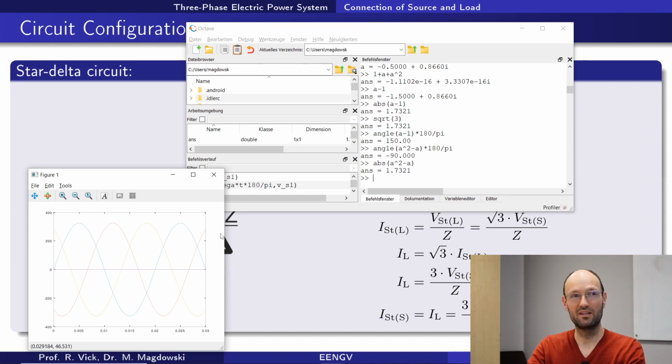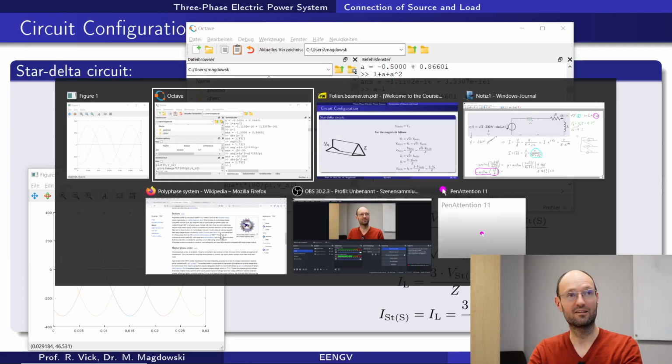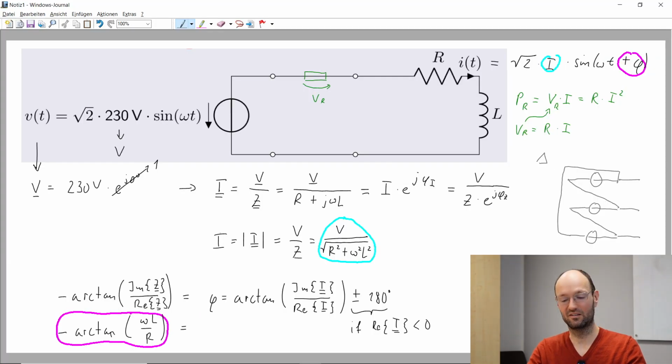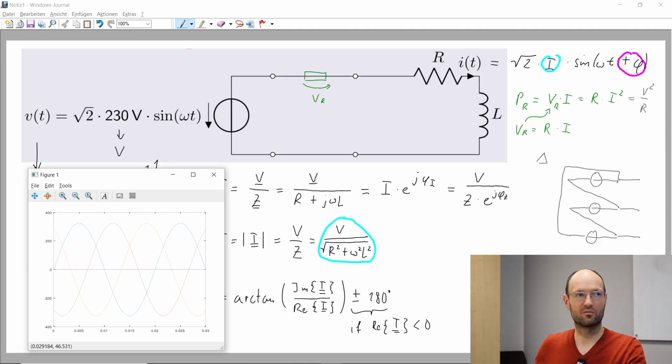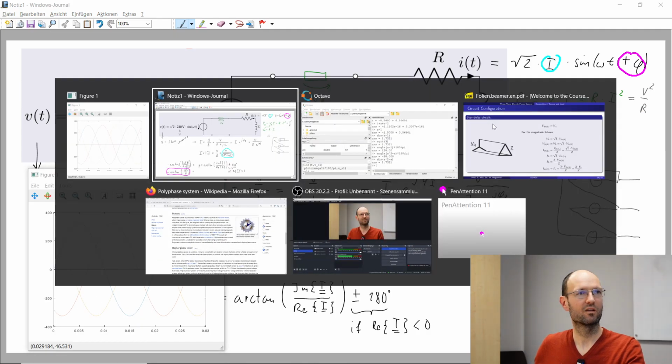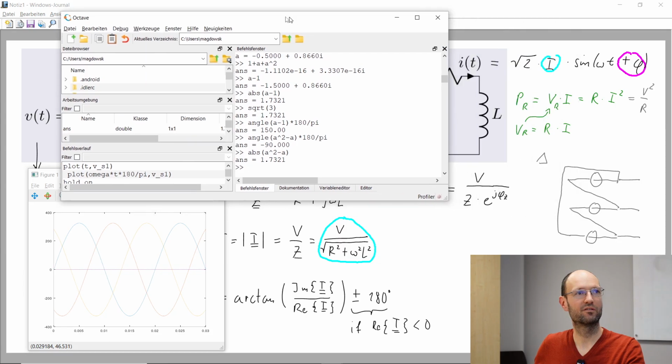So something else that we can discuss related to power. And so we could also write this equation here as voltage squared divided by resistance.